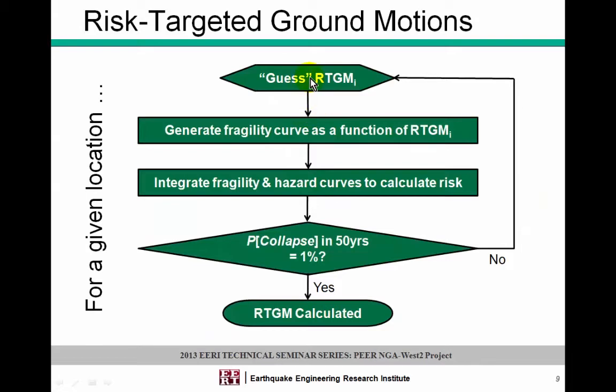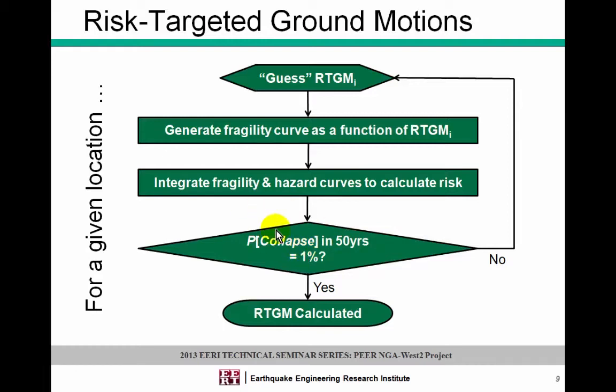The risk-targeted ground motion is again iterative, so you start with a guess of what the risk-targeted ground motion is. Then you generate a fragility curve that depends on the risk-targeted ground motion. It depends on the level of ground shaking you're designing for. You take that fragility curve and integrate it with the ground motion hazard curve for your particular site. Then you calculate via the risk integral what the probability of collapse is in a 50-year time period.